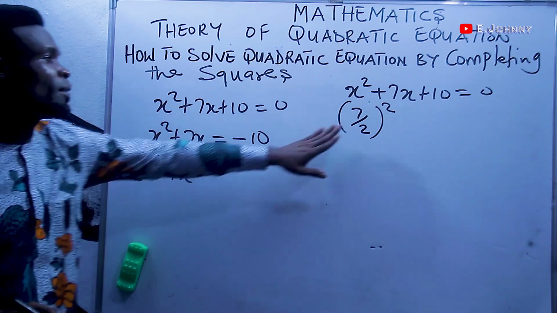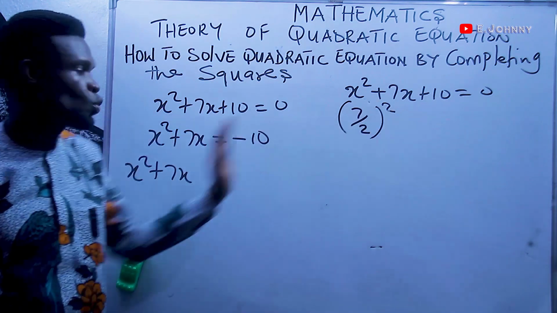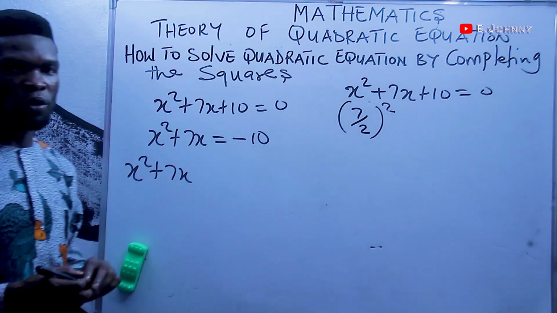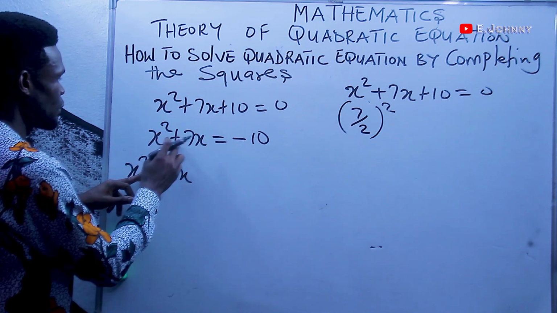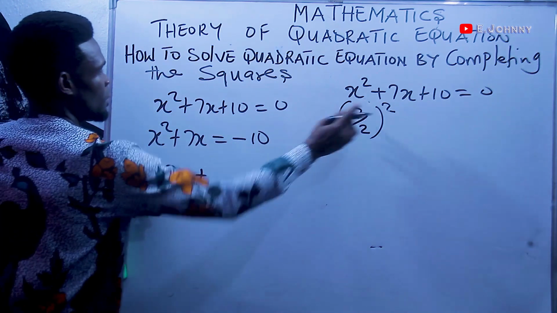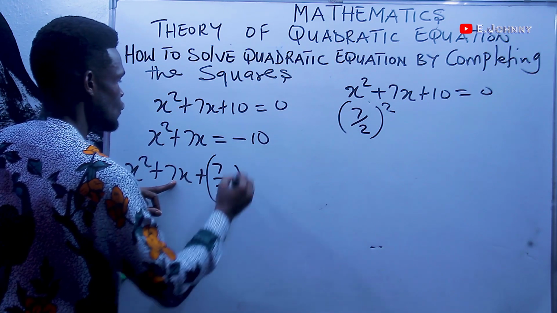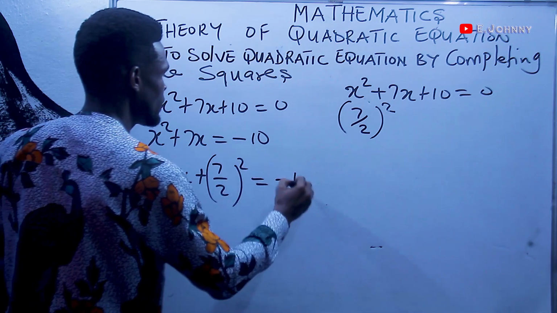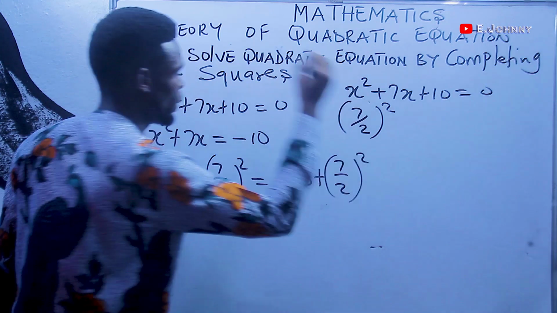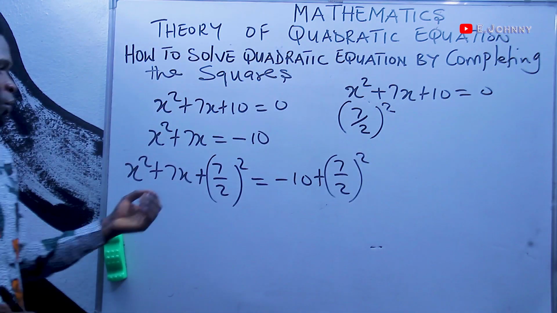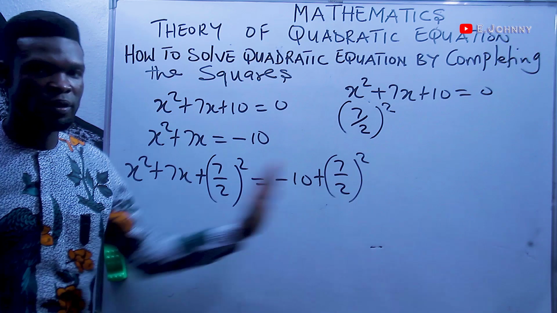So you are going to add that 7 over 2 raised to power 2 to both sides of the equation. Okay, so we have x squared plus 7x plus 7 over 2 squared equals minus 10 plus 7 over 2 squared. Add it to both sides.